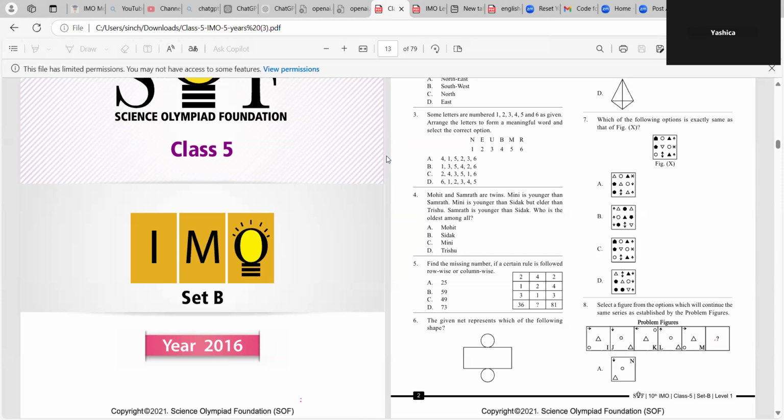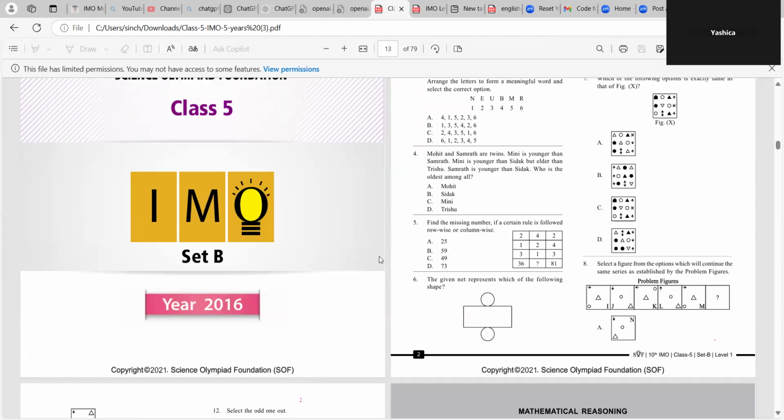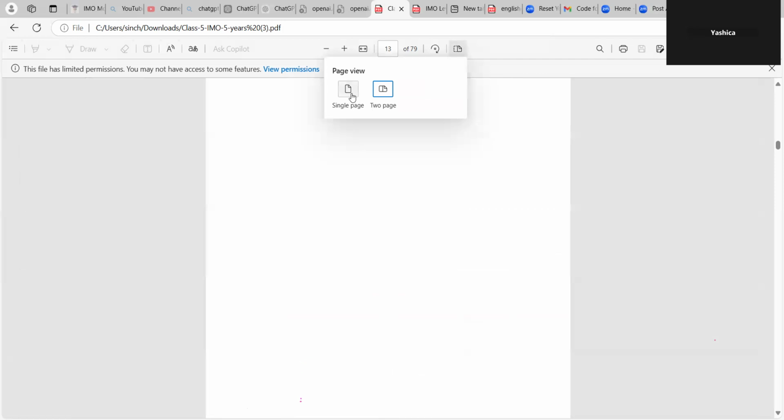Ma'am, I need to see 6 options. Yes, sure. Since you are only doing it, let me convert into a single page.